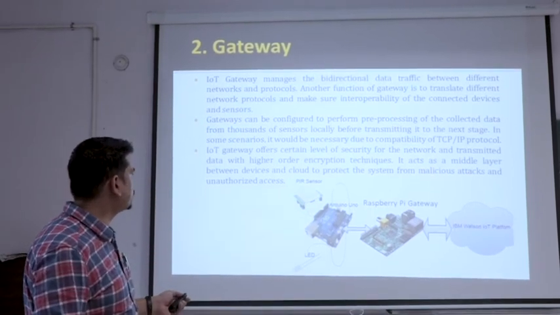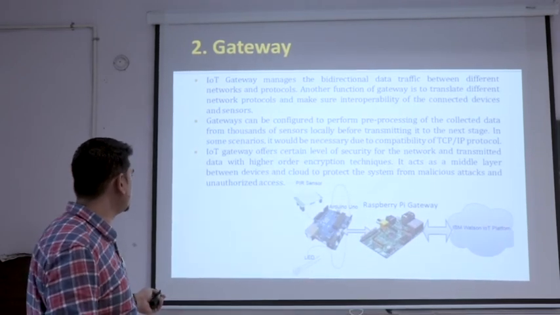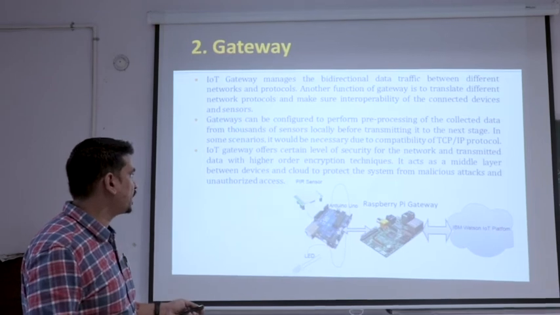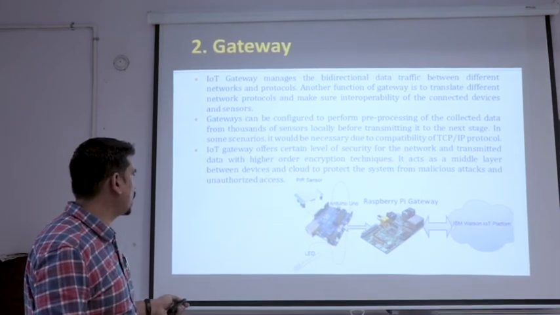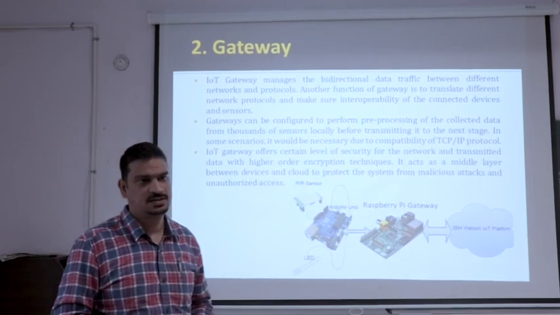An IoT gateway offers a certain level of security for the network and transmitted data with higher order encryption techniques. It acts as a middle layer between device and cloud to protect the system from malicious attack and unauthorized access.